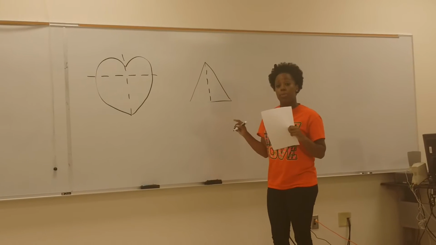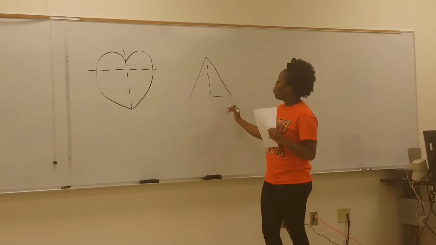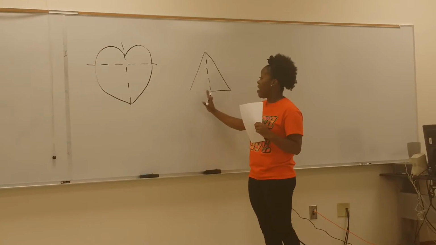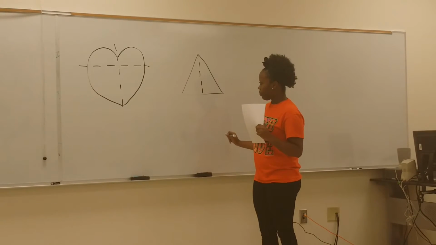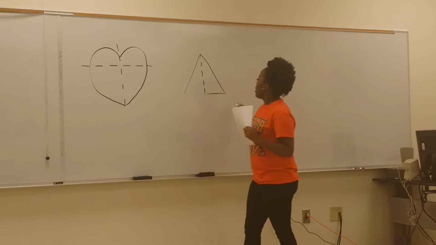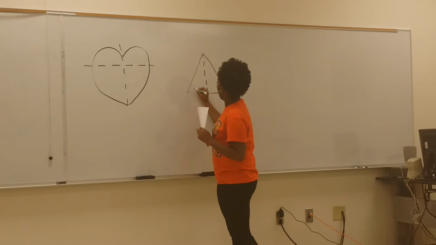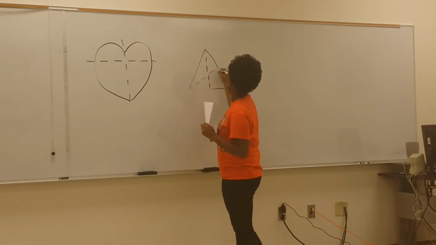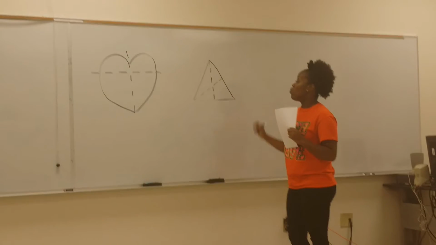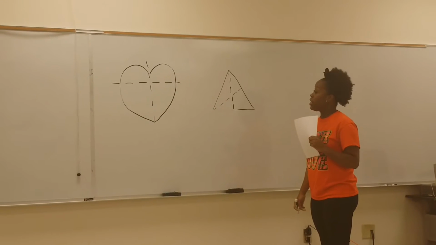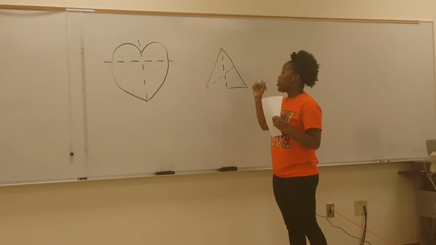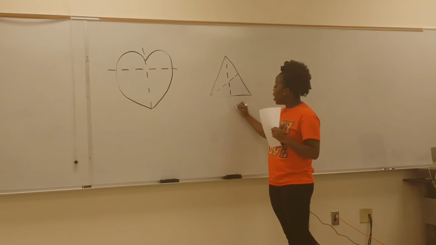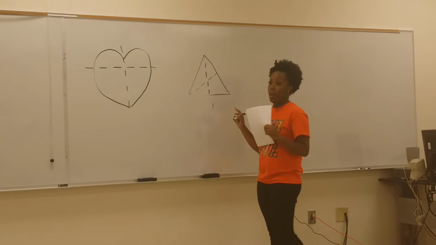That's a line of symmetry because when we fold according to this line, they are equal on both sides. Now, if we try to do it this way, that would not be a line of symmetry. Why? Because it wouldn't be equal on both sides. So far, this shape has one line of symmetry.